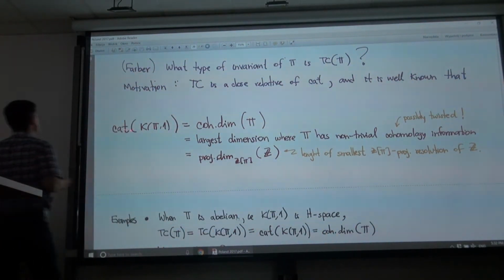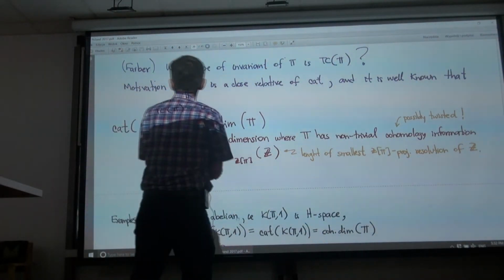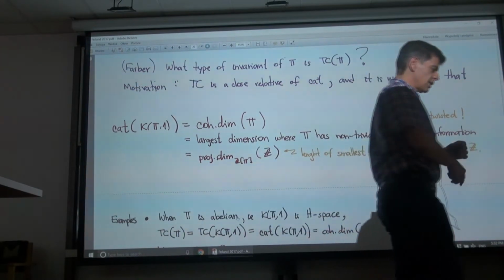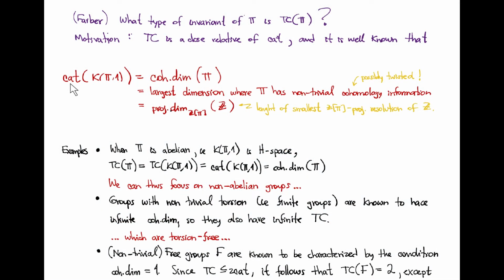Okay. This is motivated by what happens about the category of such spaces. Namely, it is well known, it's a result of Eilenberg and Ganea, that the category of such a space is given by the cohomological dimension of this group.